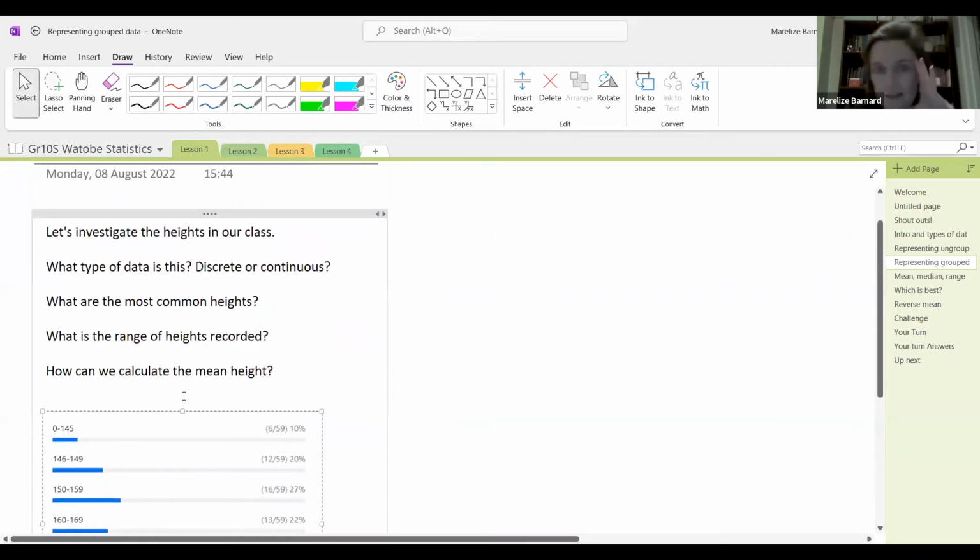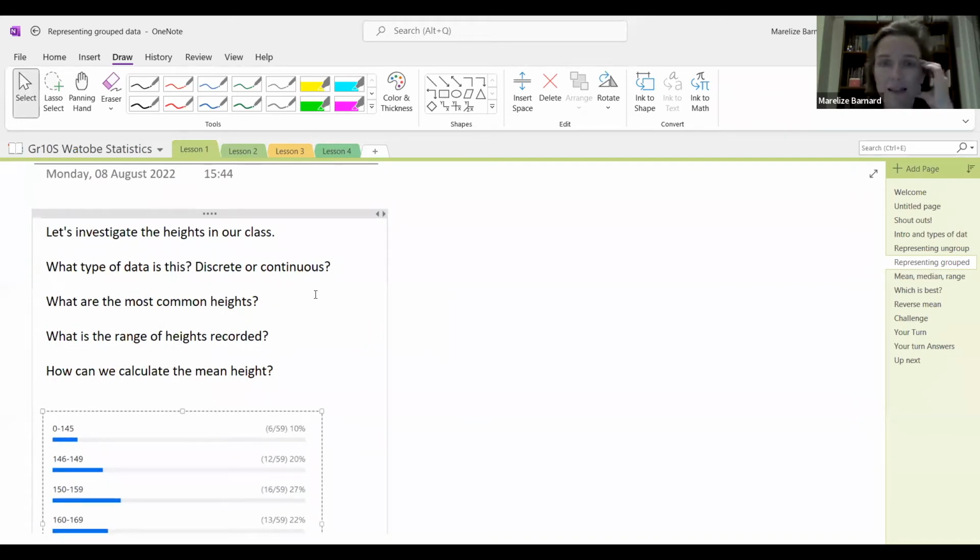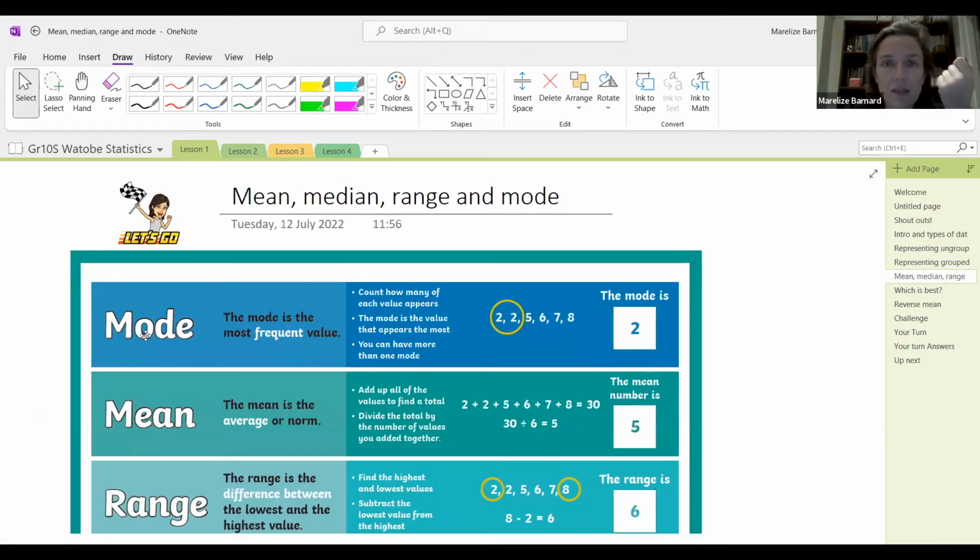We can calculate the mean, but it is a little bit different, and some of you who have done it in school will know about the estimated mean already. So we are going to do an estimated mean calculation with our own class heights on Thursday. But for now, let's move on to the mean, the mode, the median, and the range.